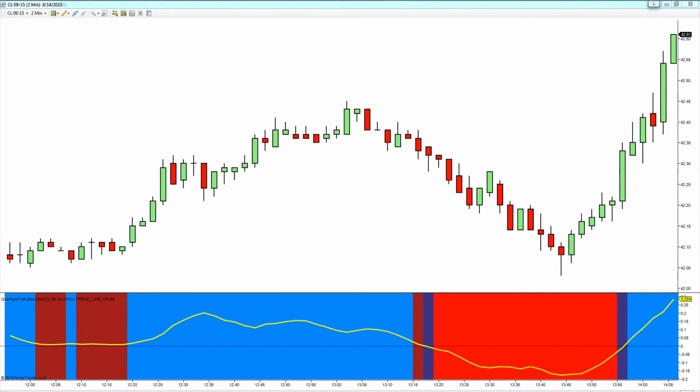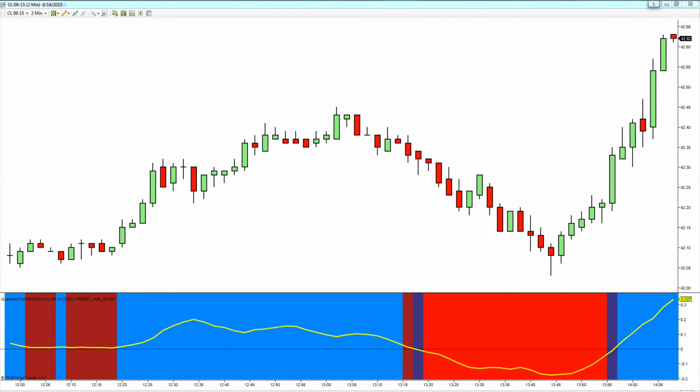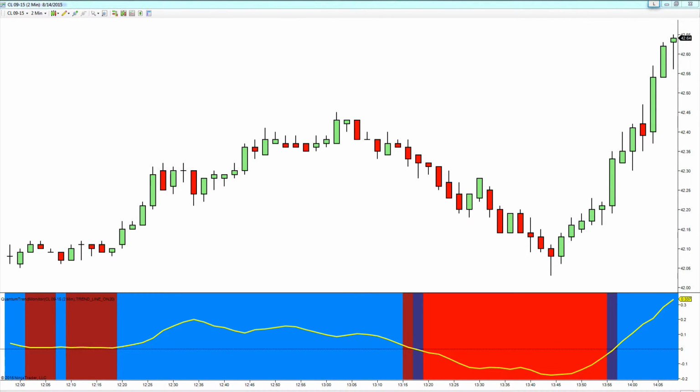Now we're in a bullish phase of price action. You can see there the trend line, the yellow line, has moved back above the fulcrum and is now climbing steeply, showing the strength of this particular trend that's developing.